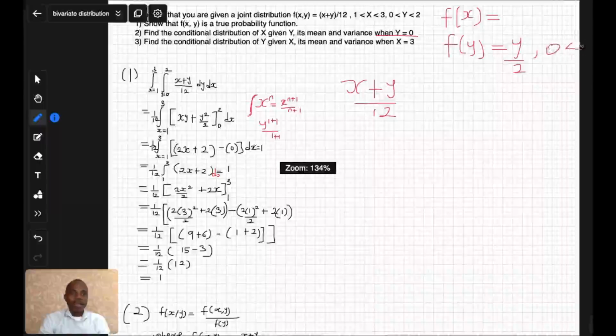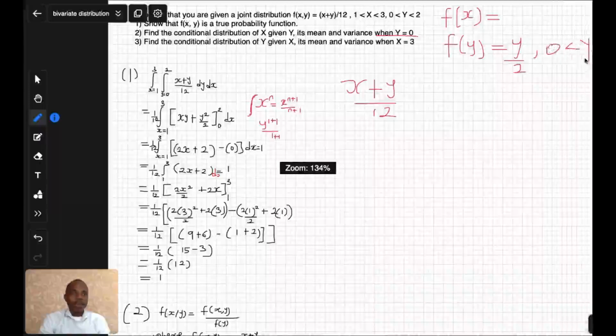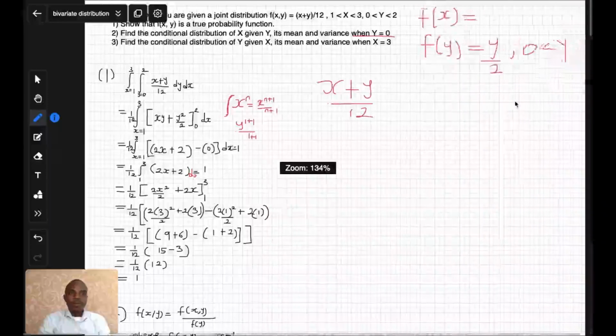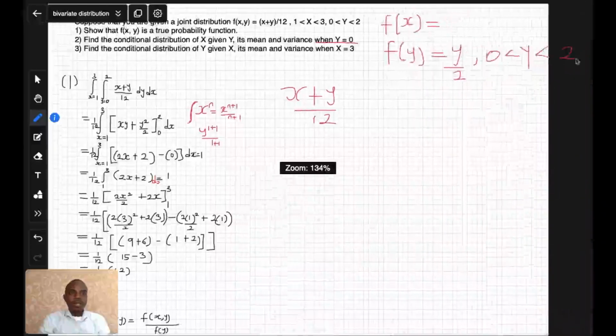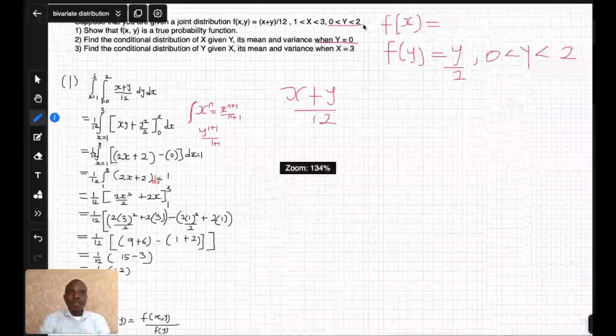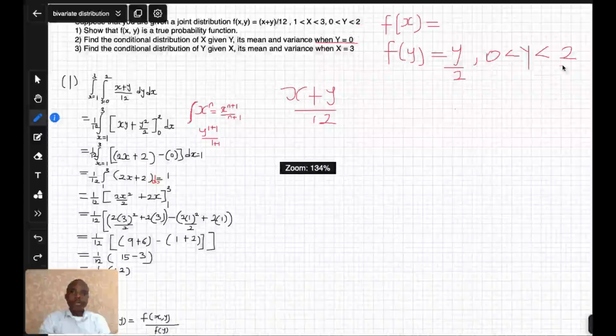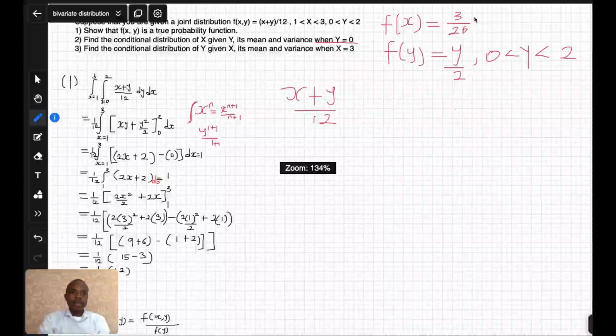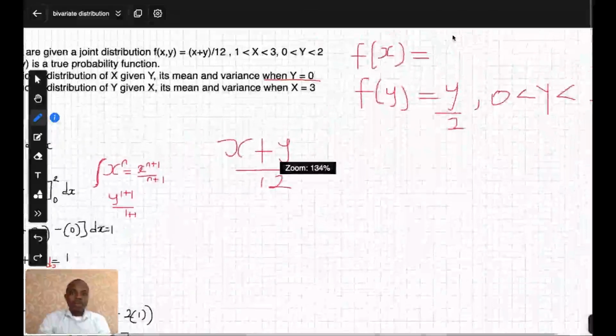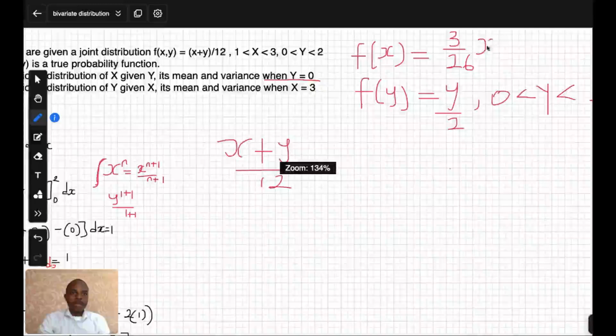0 is less than y is less than 2. So note that the range of y here must be the same as the range of y in your question. Now, that of x should be 3 over 26 multiplied by x squared, and 1 is less than x is less than 3.